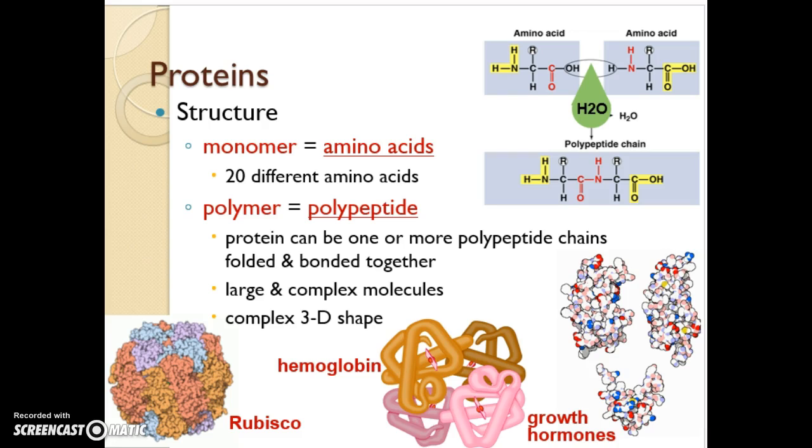And a polymer is when we have a series of amino acids joined together into a polypeptide. So a protein can be made up of just one polypeptide chain, or it can be several polypeptide chains bonded together. They can be very large and complex molecules with very complex three-dimensional shapes.